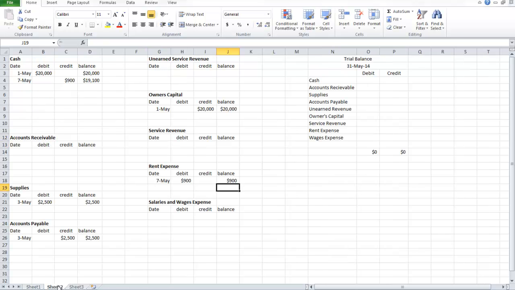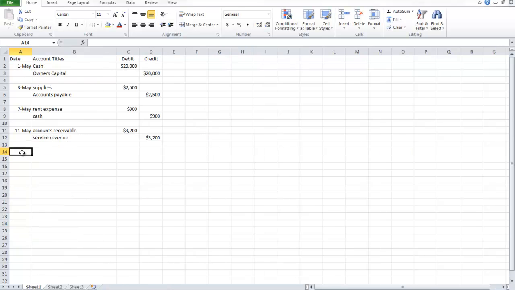Then we go to the corresponding account. So we have an increase to accounts receivable, and an increase of credit to service revenue for $3,200.